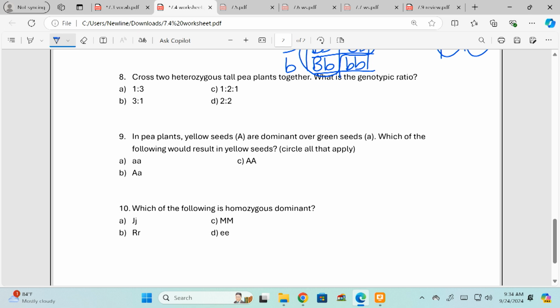Okay, number 8 says cross 2 heterozygous tall pea plants together. What is the genotypic ratio? Okay, so we know that they're both heterozygous, so they'll be something like this: big T, little t, big T, little t, and then I'll fill in my Punnett square.